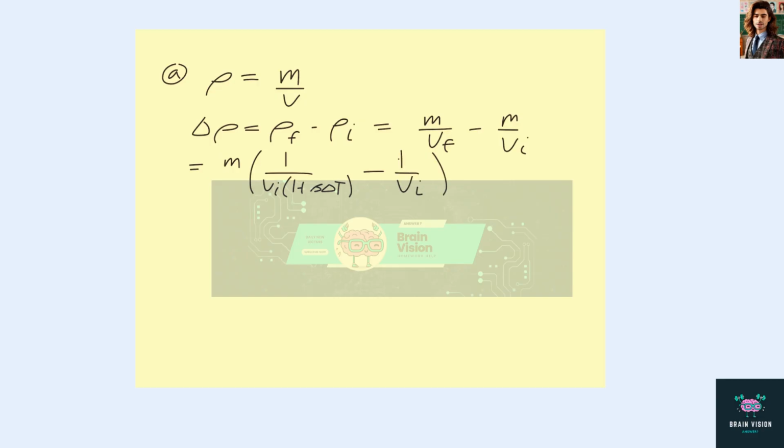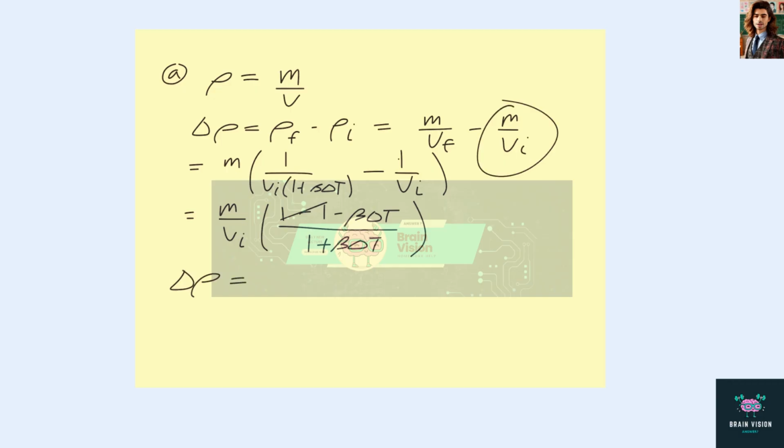We can factor out Vi's to get m over Vi times, and then create one big fraction here in the middle, 1 minus (1 plus beta delta T) over (1 plus beta delta T). These ones will cancel, and we are left with delta rho is equal to m over Vi, which we said before is just initial density, times negative beta delta T.